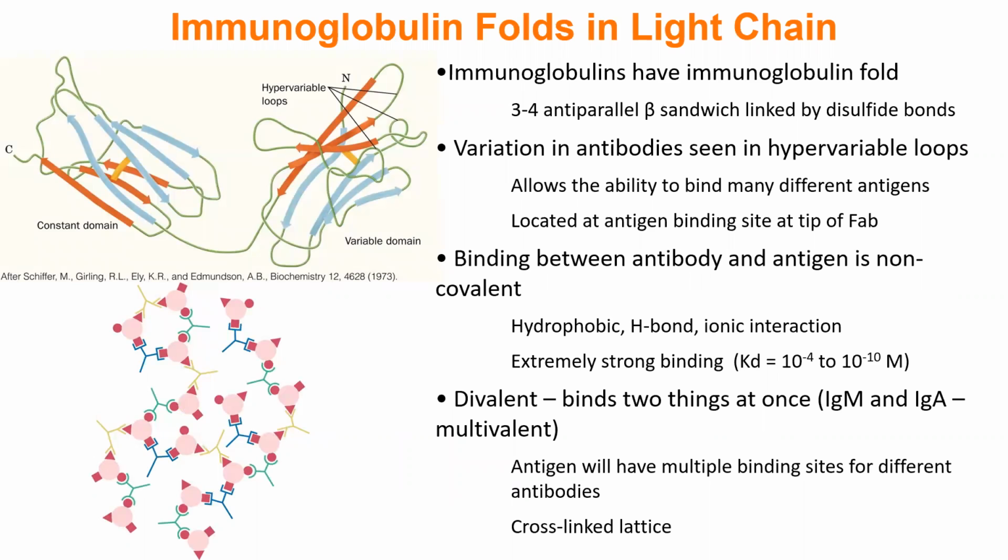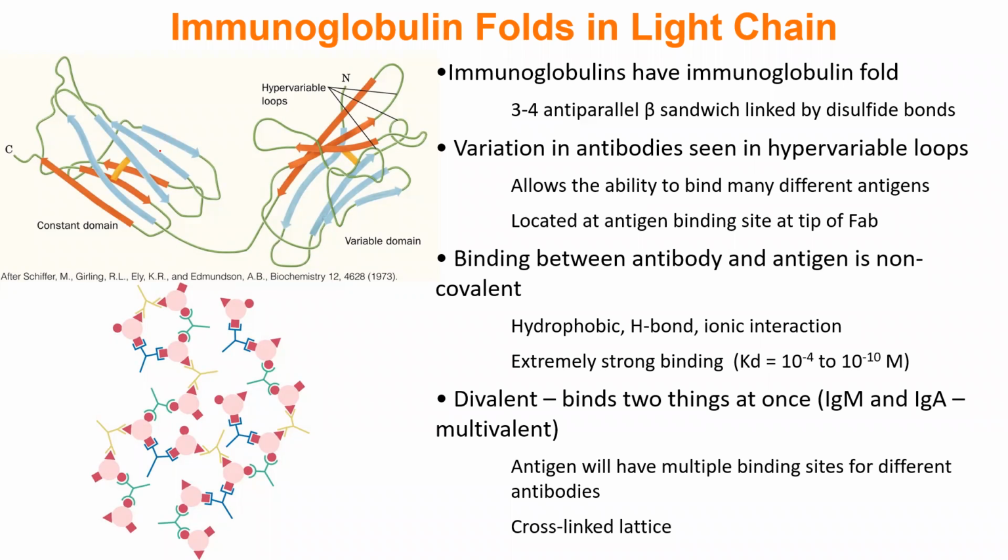Thinking about antibodies, antibodies have a very specific way they fold, in that you have two beta sheets forming together, held by a disulfide bond, and they make what's called a beta sandwich, which is exactly what it sounds like: two beta sheets folding together to make a little sandwich.